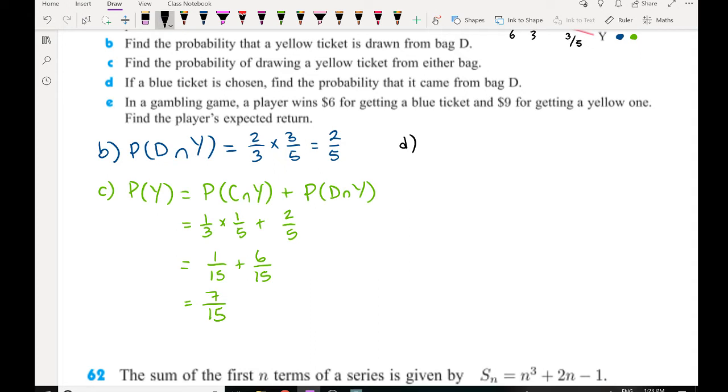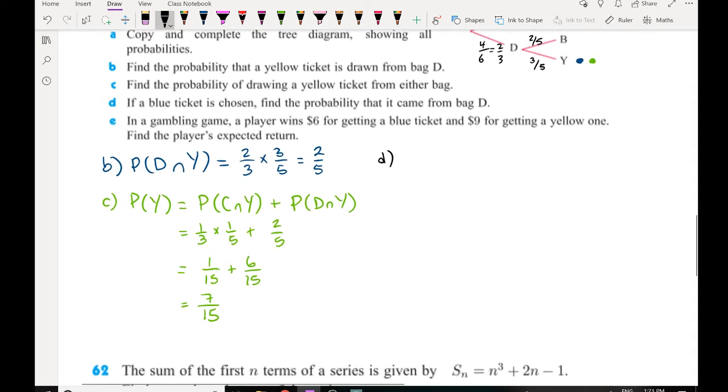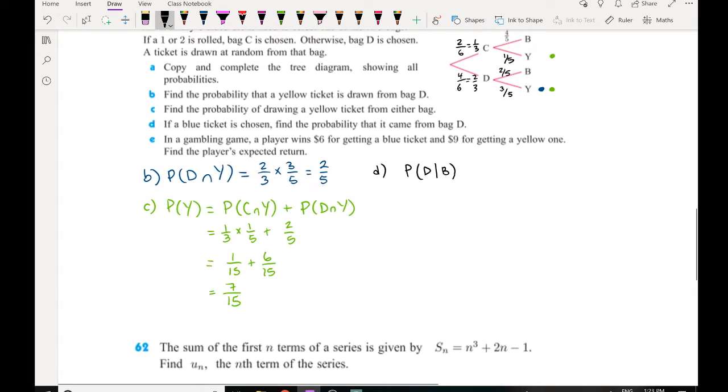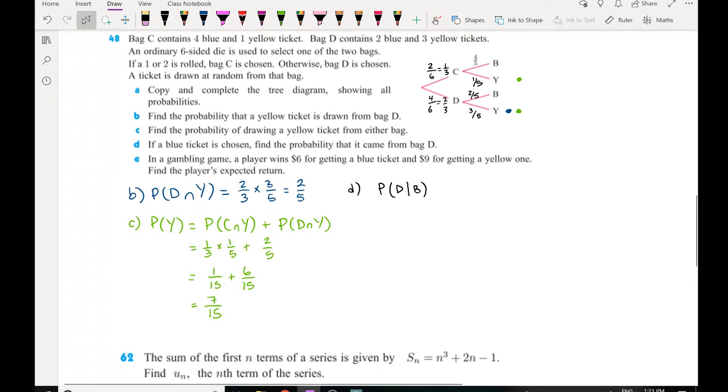If a blue ticket is chosen, find the probability that it came from bag D. So what we're looking for here is the probability that the ticket's from bag D given that it's blue. Now, you have to do a little bit more work to get this because that's not this probability, which I think would be the most common mistake made in this question.